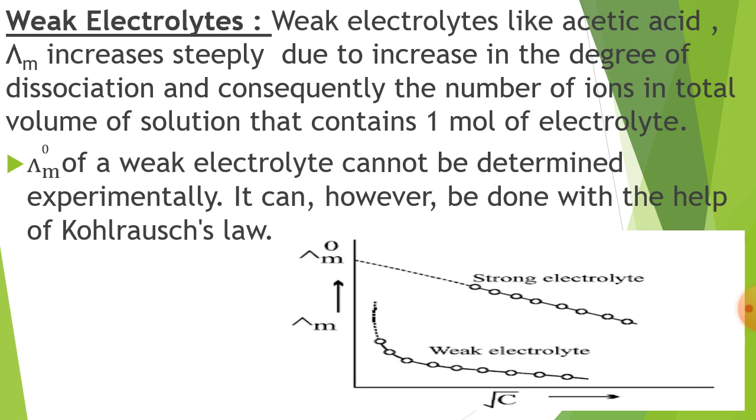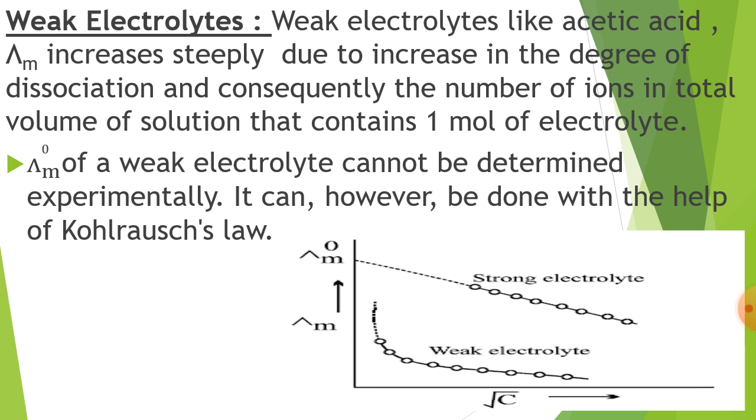Now for weak electrolytes, as you know, weak electrolytes do not dissociate completely in the solution. Therefore, on dilution, what happens? More number of ions are produced. So here two things take place. One, more dissociation of ions takes place, and also the separation of ions takes place, the distance between the ions increases.